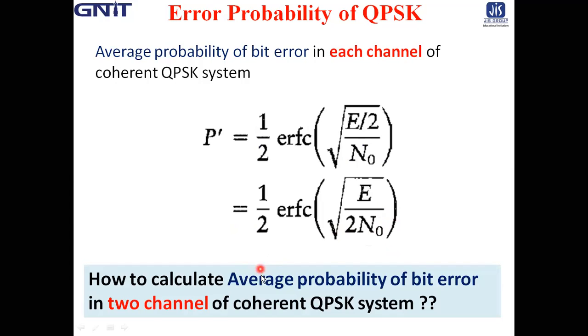Now, how do we calculate the average probability of bit error in the two channels of a coherent QPSK system?